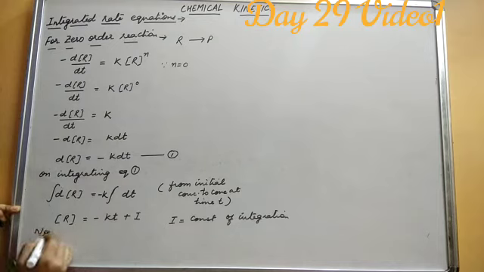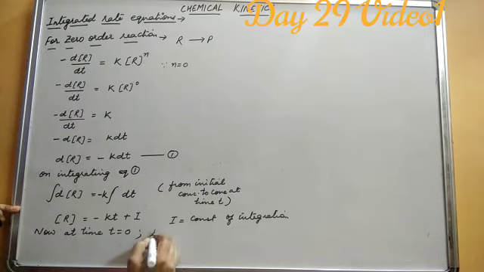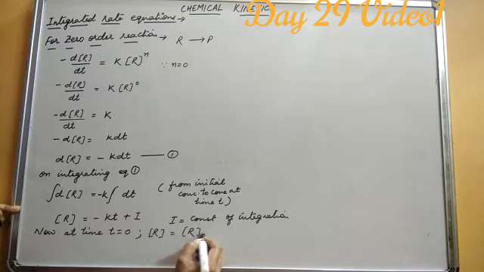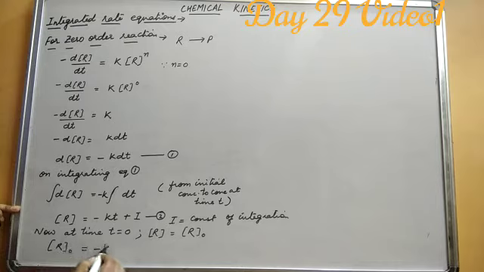Now at the initial time, when t is 0, the concentration of the reactant will be the initial concentration, denoted by R0. On putting these values in equation 2, R becomes R0 because time is 0, so R0 equals 0 plus I. Therefore I will be equal to R0.